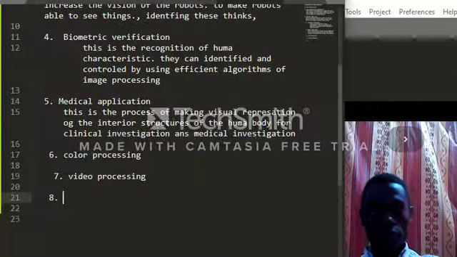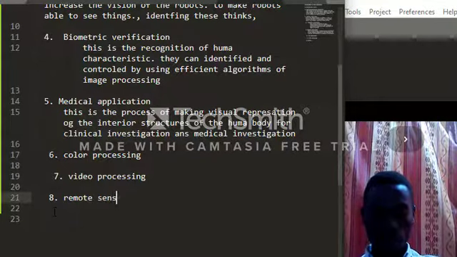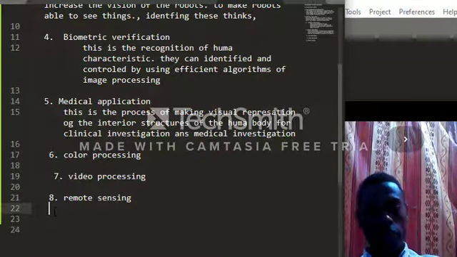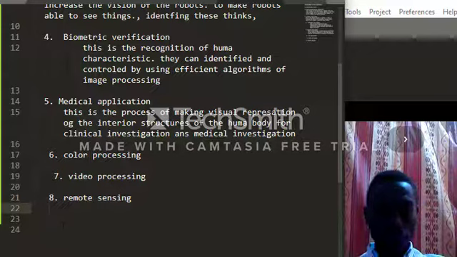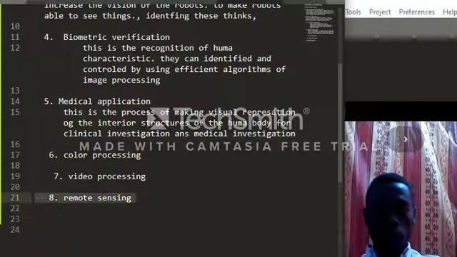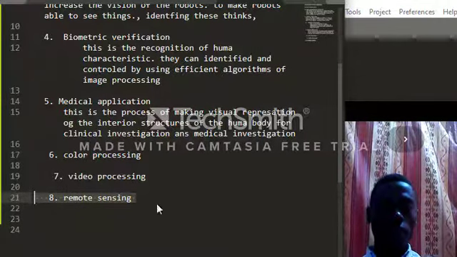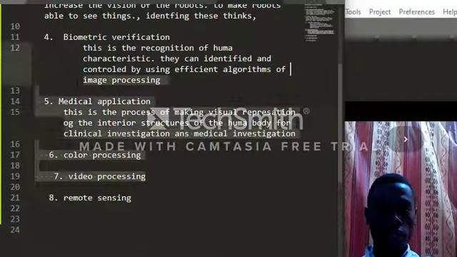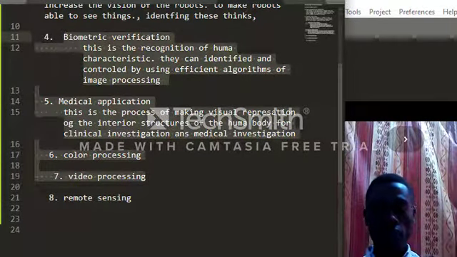No. The other one can be remote sensing. So image processing can still help in remote sensing. So those are some of the applications. There are still very many other applications of image processing, but I've managed to discuss only 7 with you in this video.